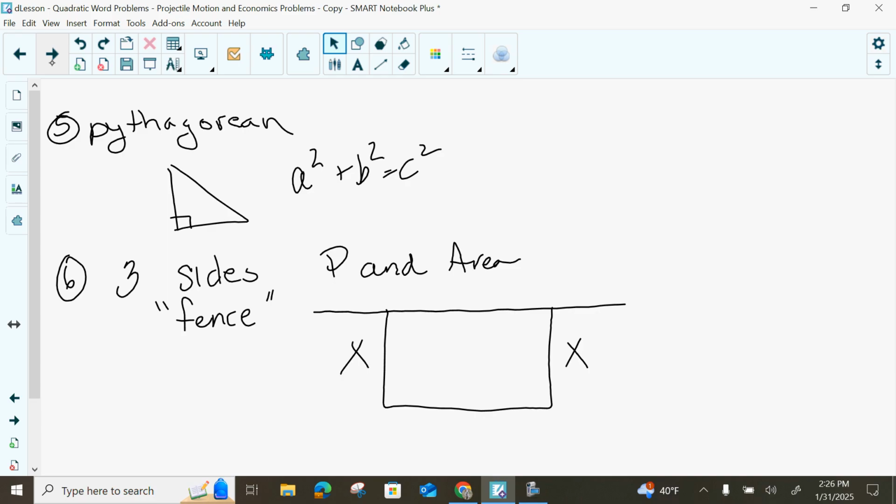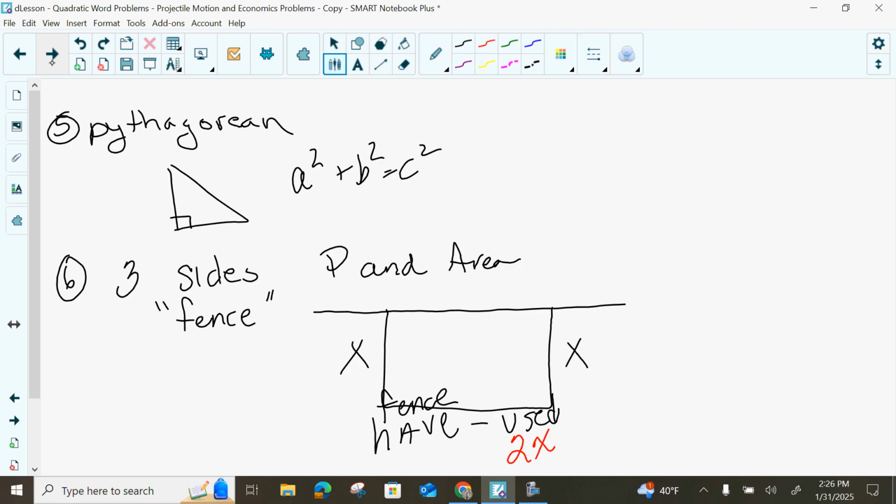And then for the other side, it's the amount of fence that you have minus what you used, and usually what you used is 2x, the left and the right. So what you have minus what you used. Again, it's usually area. So area equals length times width.